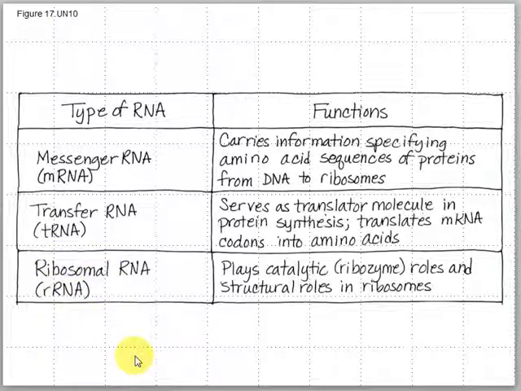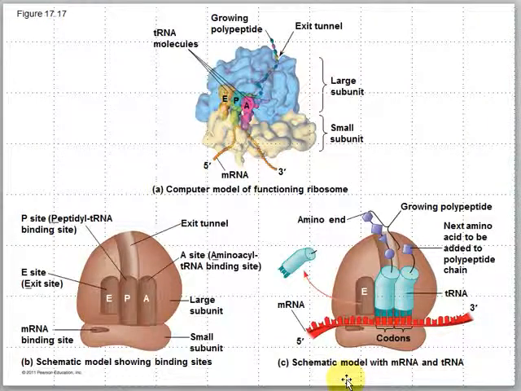And then we've talked about ribosomal RNA, and it plays a catalytic, an enzymatic role, and a structural role as ribosomes. So it's part of what makes up a ribosome, and it assists with the entire process of creating these proteins.